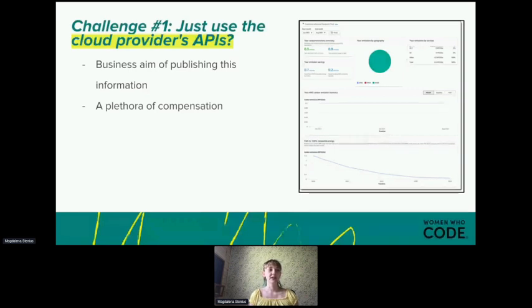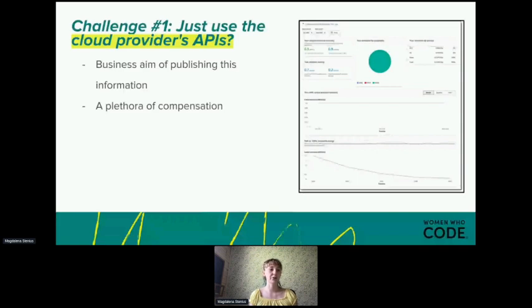The first intuitive thought that came to our mind is that we are already using these cloud provider UIs and APIs, and we are vendoring their compute. Wouldn't it be awesome if they would just show their carbon footprint right in these tools? And it has become more and more common.